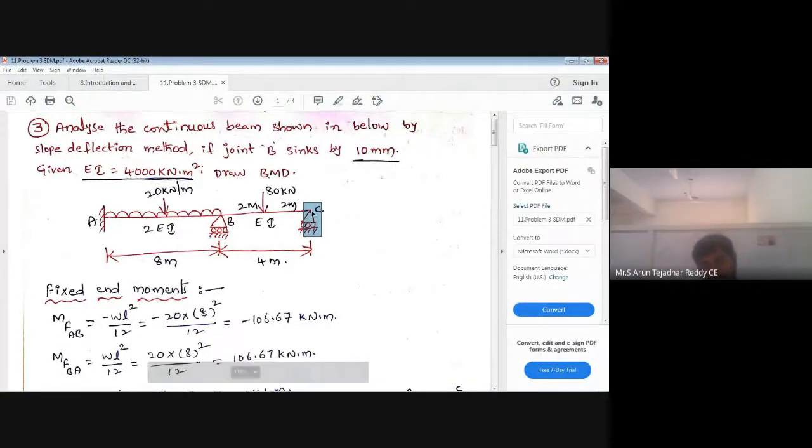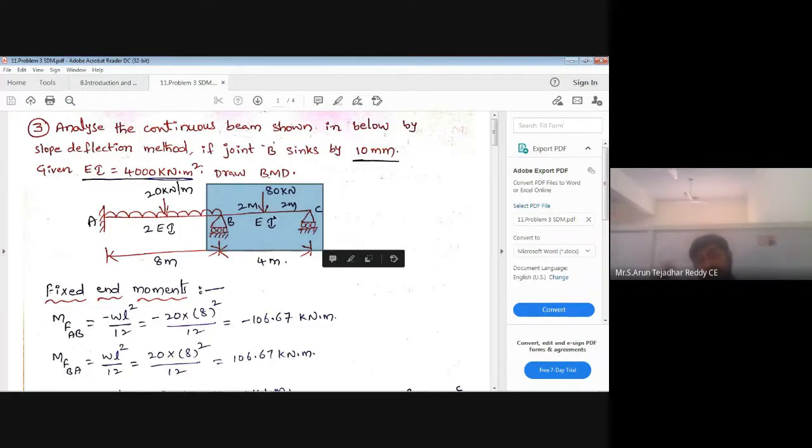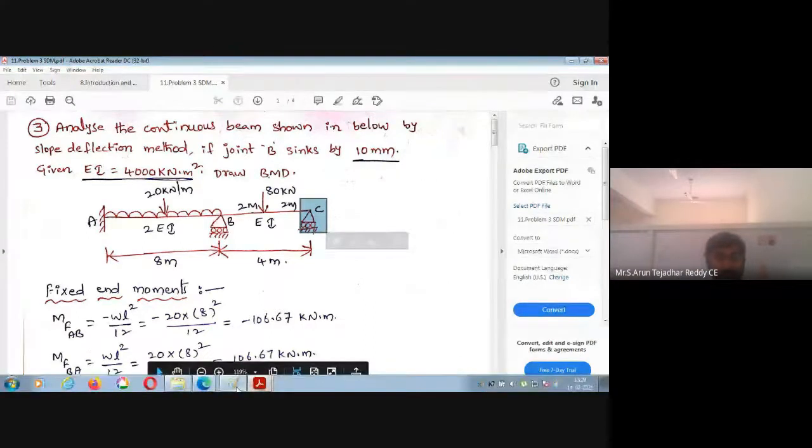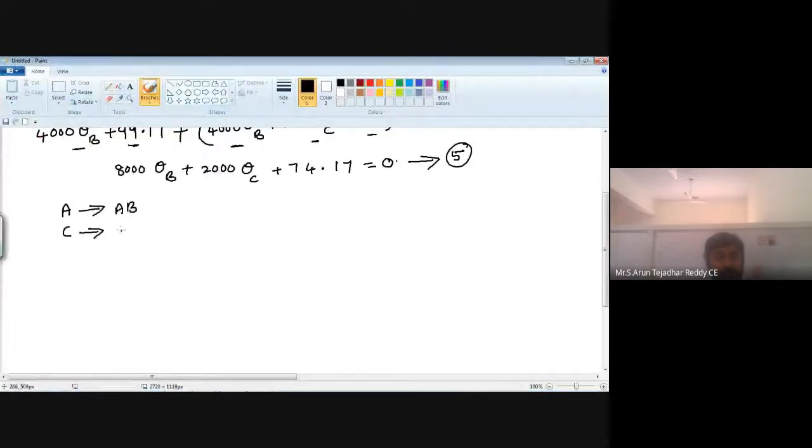That is C to B, one member is acting, but we don't have any member on the right side. C is your joint. On the C left side, C to B, one member is acting, but we don't have any member on the right side. We have only CB.